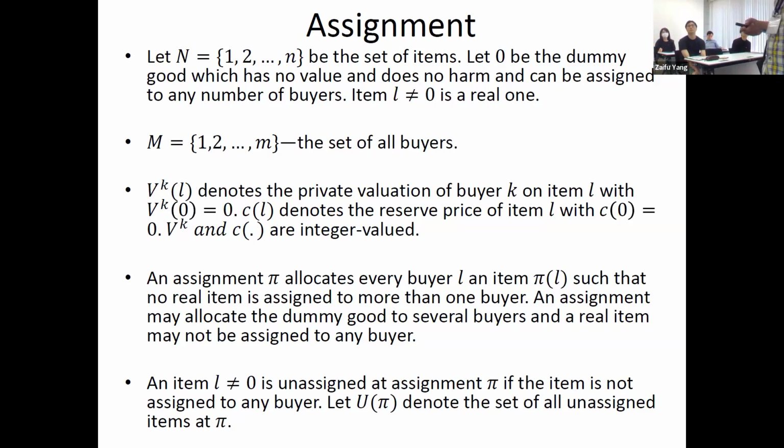In that case, such a bidder just gets a dummy atom. For an assignment pi, we use this notation U_pi to represent the set of all unassigned real atoms.